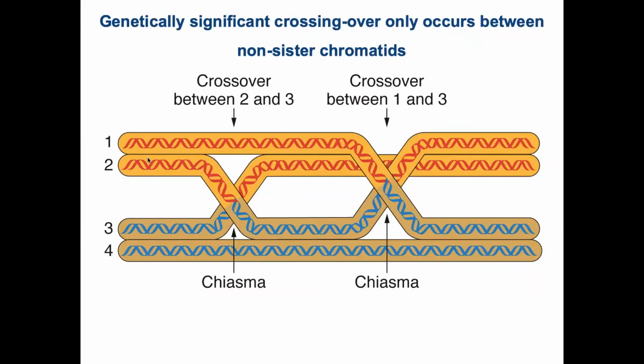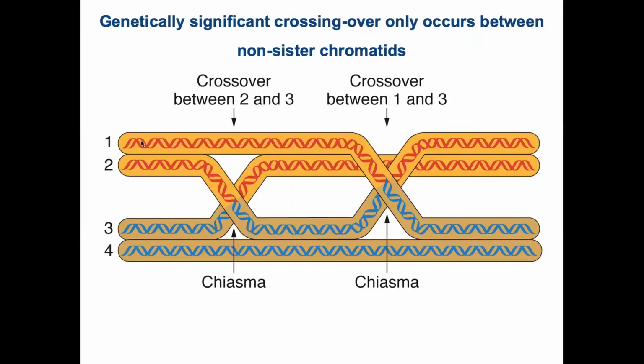And what happens in that tetrad during prophase 1 of meiosis is that you have the formation of what are called chiasmata. So these are points of overlap between non-sister chromatids. And what's happening within those chiasmata is that you have actual physical breakage and then reunion of portions of the non-sister chromatids with each other.